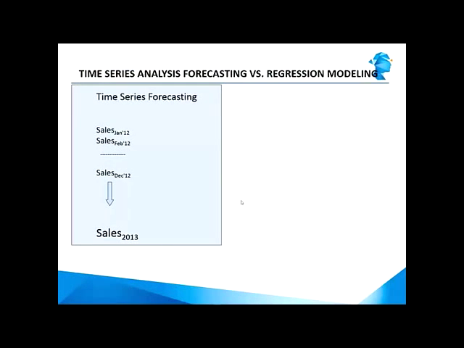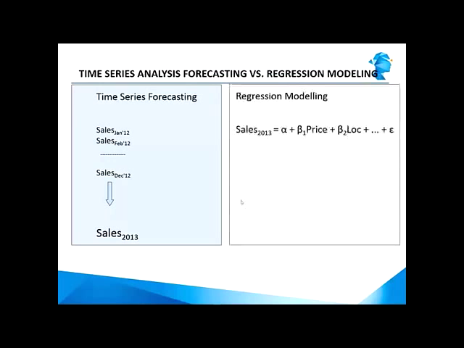Now, one pertinent question. Today we are learning about time series forecasting, but I'm sure you are already totally familiar with regression modeling. We have the data from 2012. We want to predict the data for 2013. Then why not use regression modeling? The reason perhaps we will not use regression modeling in our example as of now is because regression modeling requires explanatory variables.